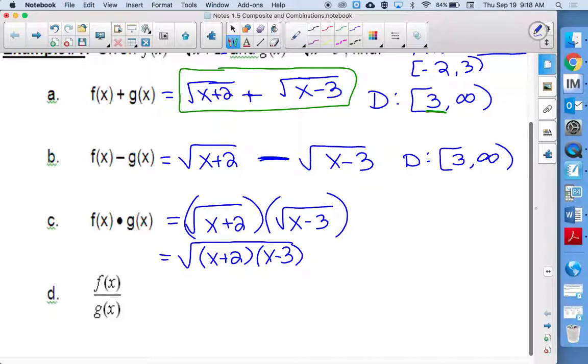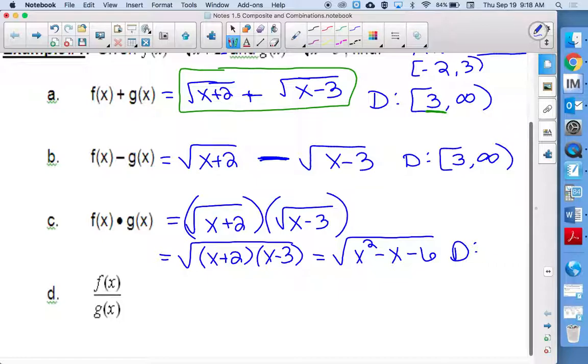And then multiply them. So what would that become if you multiply them together? Anna, what does it become? X squared minus x minus 6.